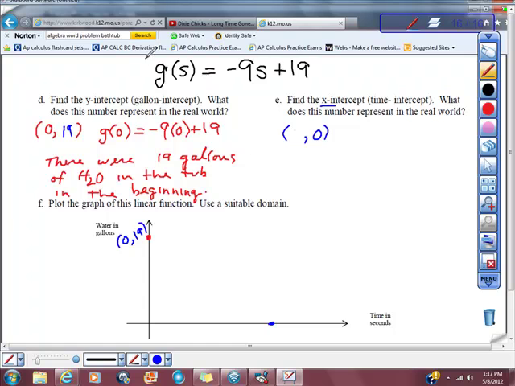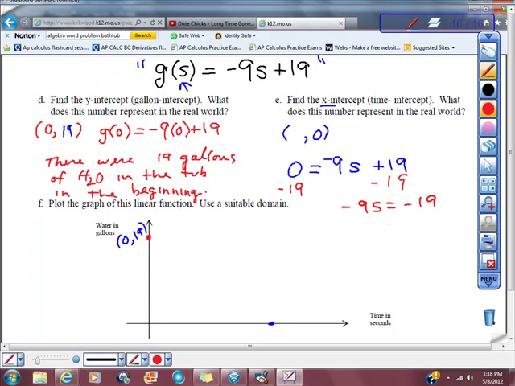So we're going to take this equation and set this g of s, the gallons of water, equal to 0. So when do we have 0 gallons of water? At what time? We should have solved this in terms of seconds, but we solved this in terms of minutes. Start solving. We'll add negative 19 to both sides, and we'll get negative 9s is equal to negative 19.